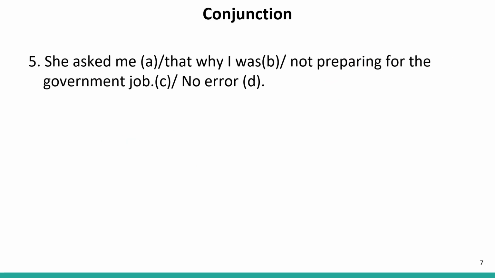Now let us move to the next question. She asked me that why I was not preparing for the government job. Now, this is a kind of indirect speech sentence. A sentence that is converted into indirect speech, and in direct speech it was an interrogative sentence.